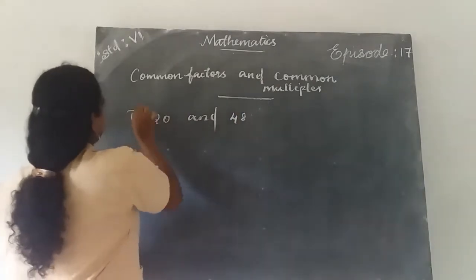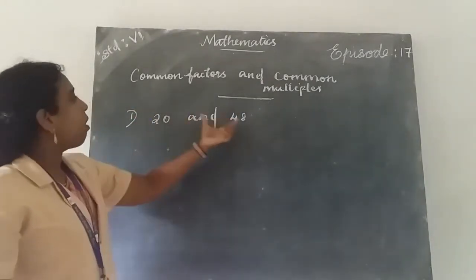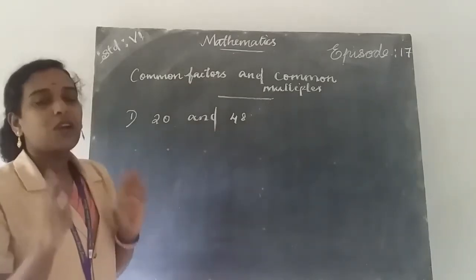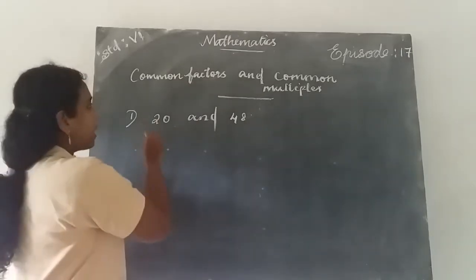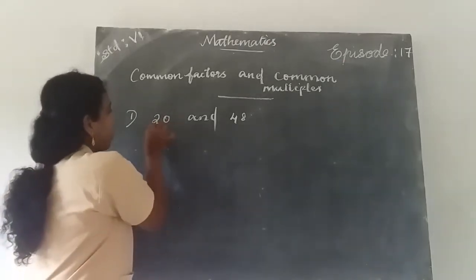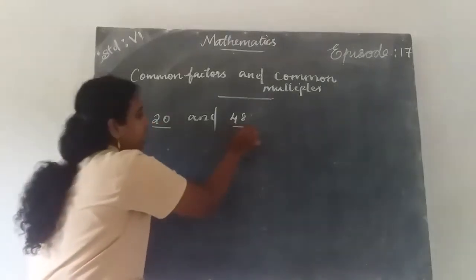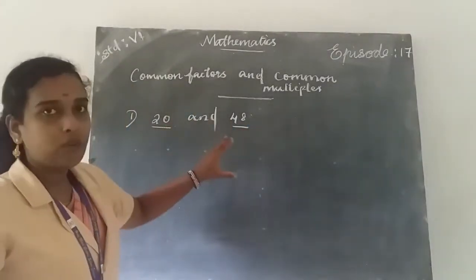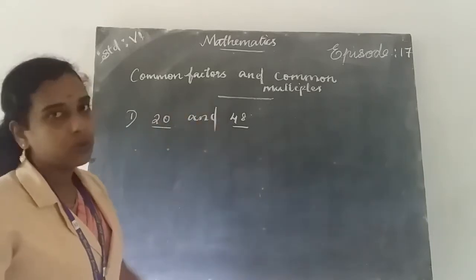These are the two numbers, and we want to find their common factors. For that, we first find the factors of each given number. That means first we find the factors of 20, then the factors of 48, and last we find the common factors that come in both numbers.